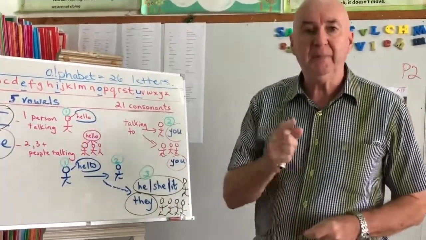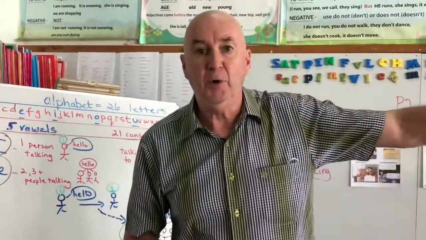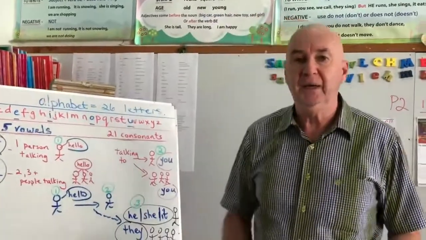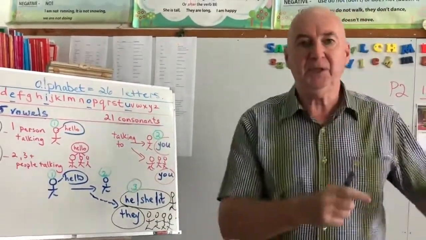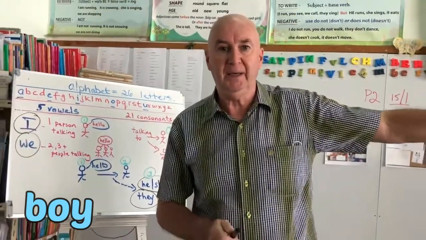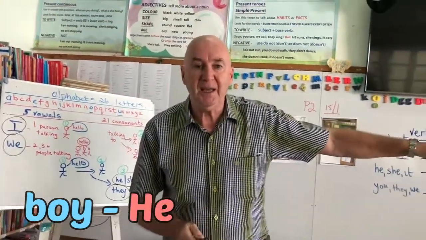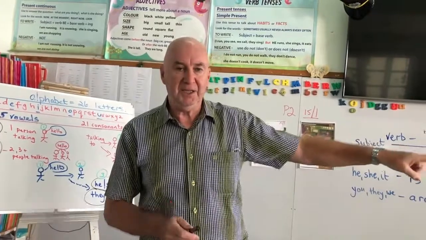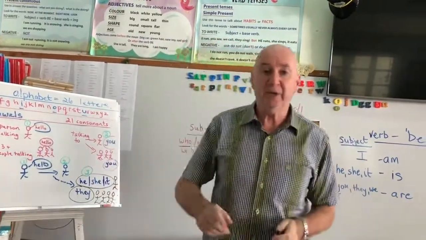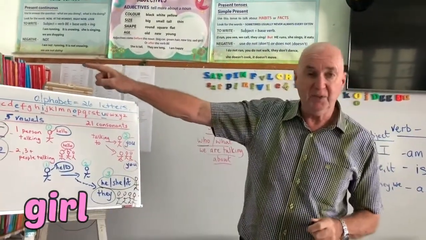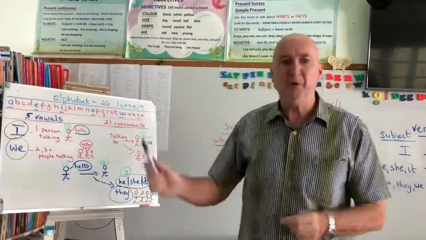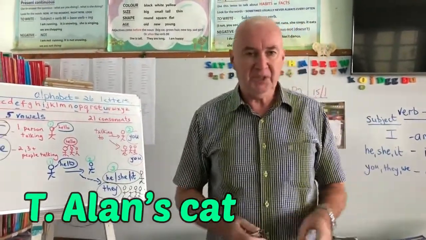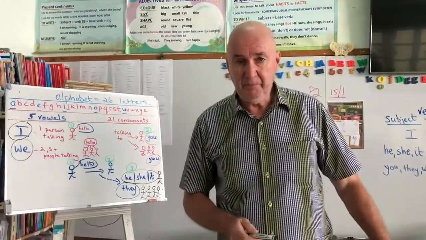But if you're talking about somebody else, over there, or over there, then we use these. If I'm talking about a boy over there, I would say he. He is happy, he is sad. If I'm talking about a girl over there, I would say she. She is happy, she is sad. If I'm talking about my cat, I would say it. Okay?